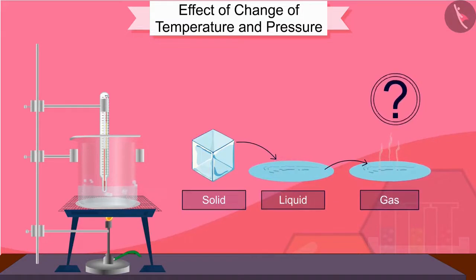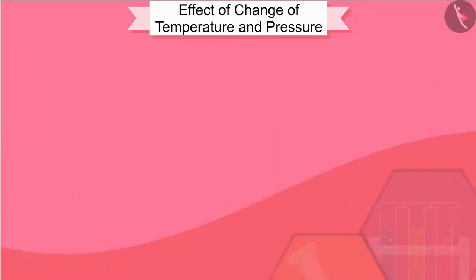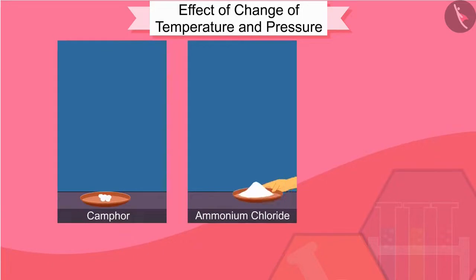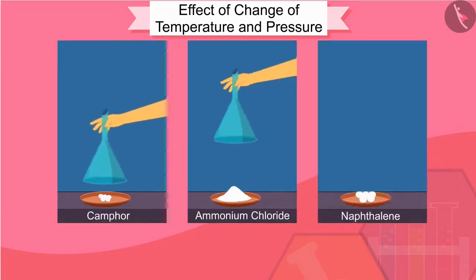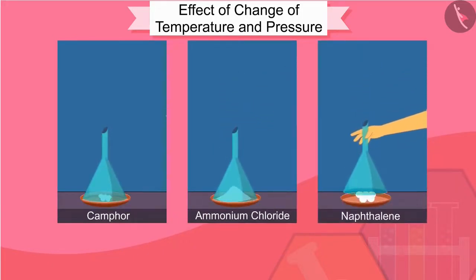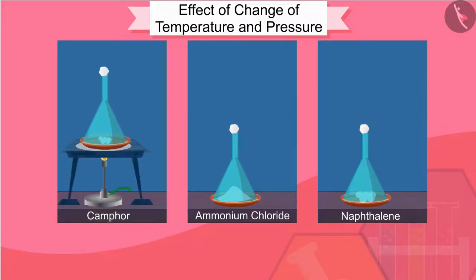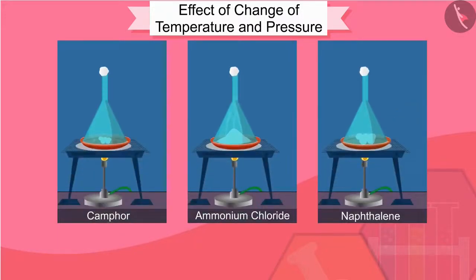But do all matters follow this rule? No. There are some substances such as camphor, ammonium chloride, naphthalene that convert directly from the solid state to gas and back to solid without being converted into a liquid state.